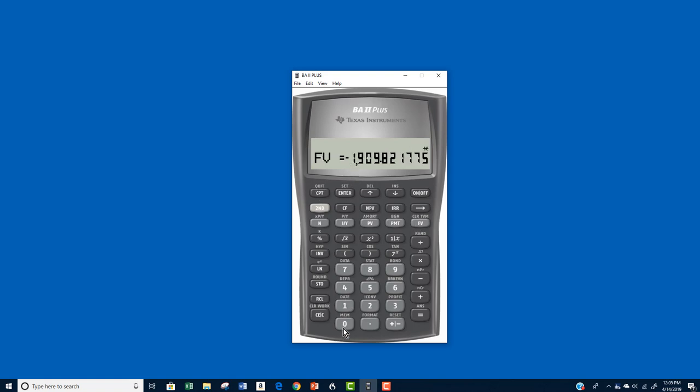So in these keys, one will be a positive and one will be a negative when solving problems. Remember that when you're entering cash flows in the calculator, anything that's a cash inflow should be entered as a positive number. All cash outflows should be entered as negative numbers.